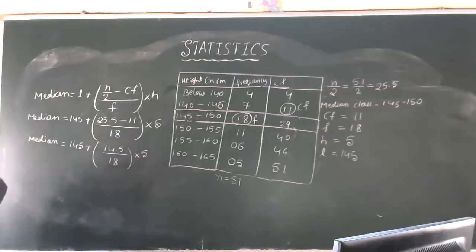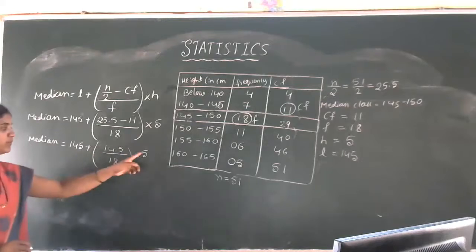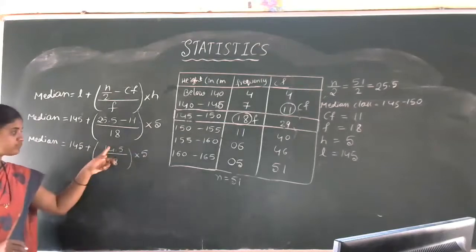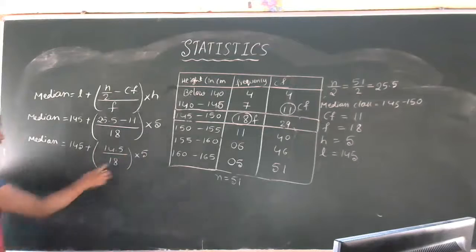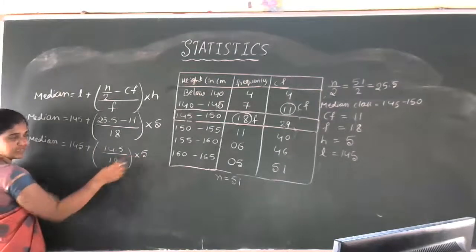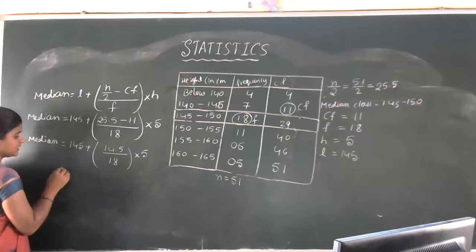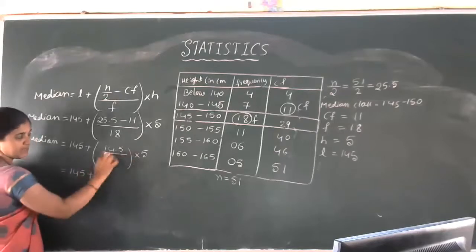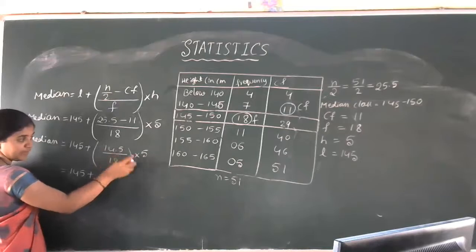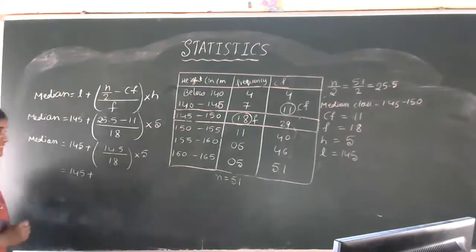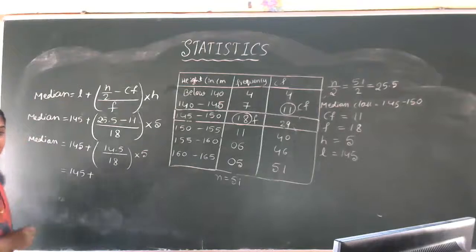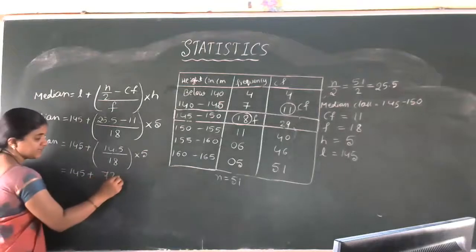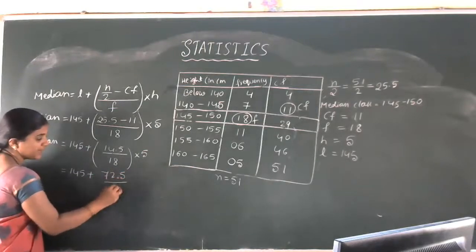Can we cancel 18 and 5? No, we cannot cancel. So 145 plus, can we multiply these two? 14.5 into 5 is 72.5. 72.5 divided by 18.